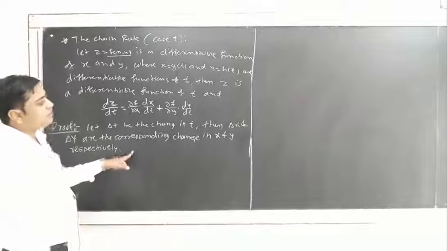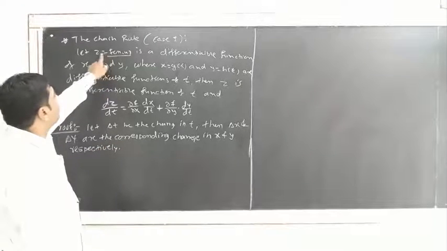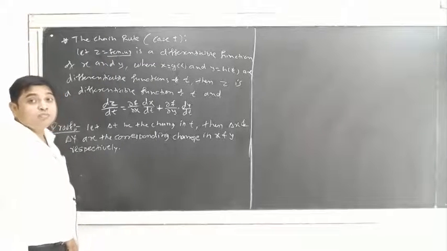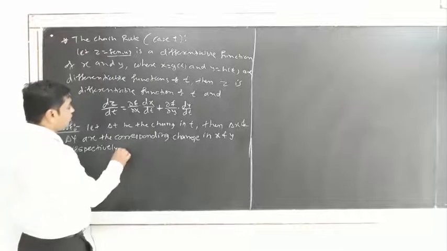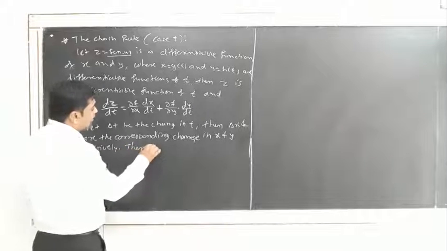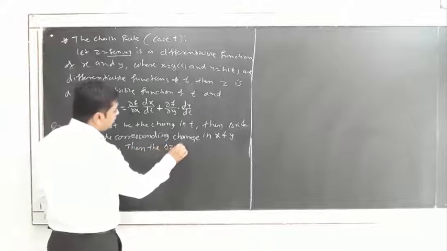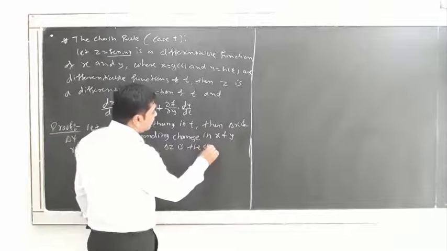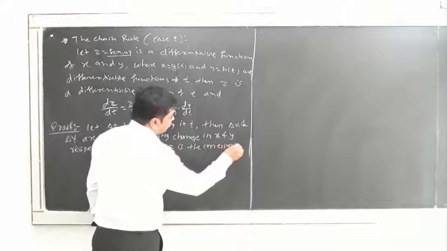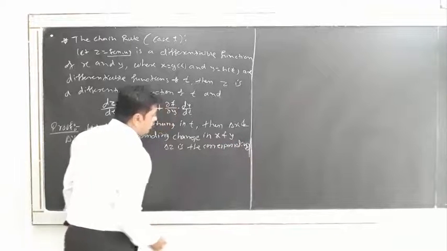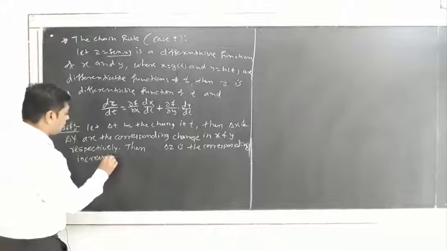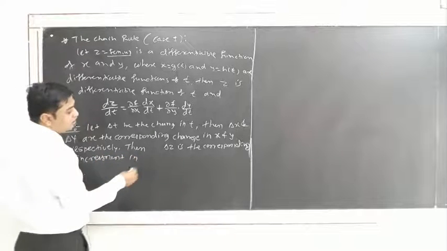And this delta x and delta y change, that means delta z must also change, therefore there is a corresponding increment in z.